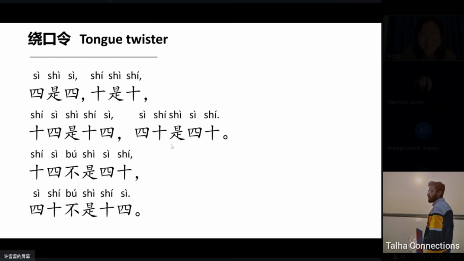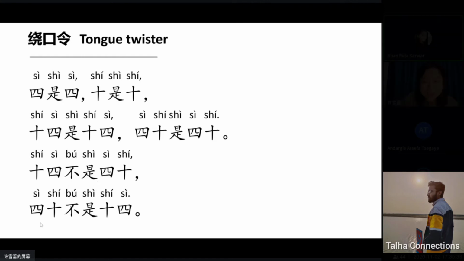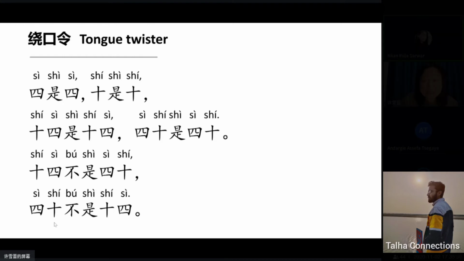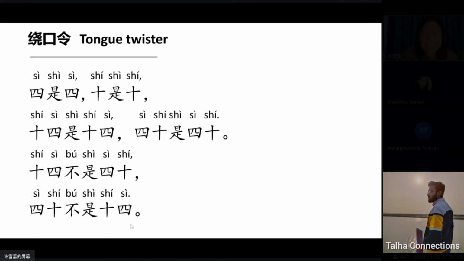40是40. You made me laugh. Again. 40是40. 14不是40. 不是14. 40不是14.